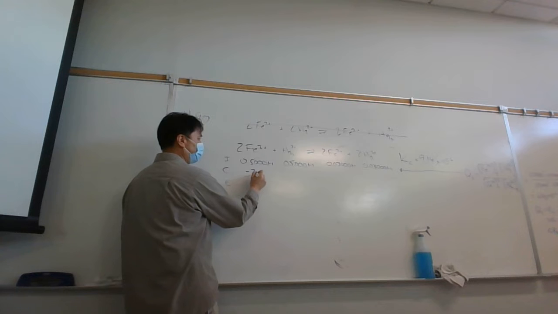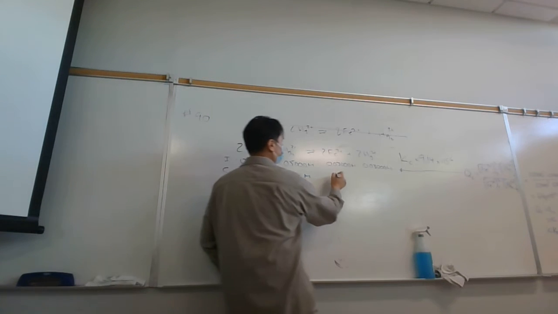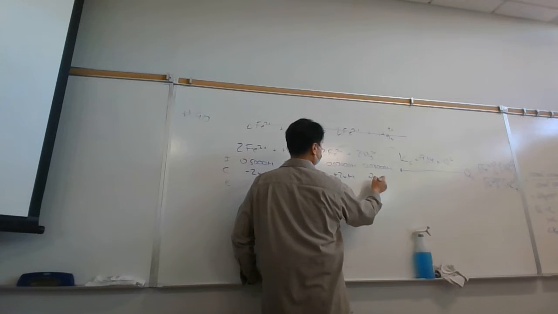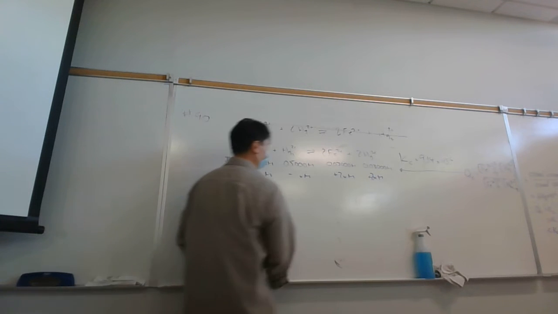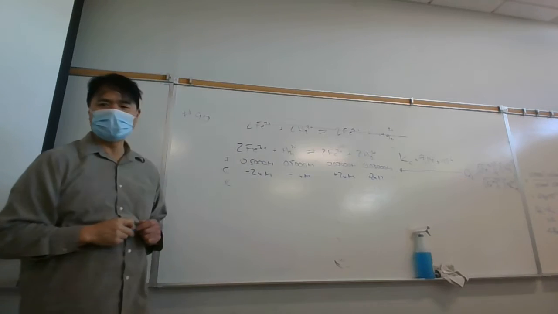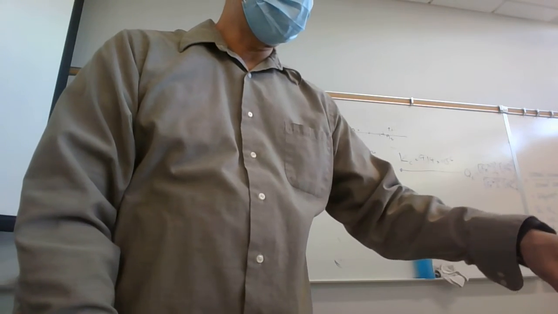So the change is going to be minus 2x molar, minus 2x molar, plus 2x molar, plus x molar, or 2x molar. Which one? This one should be just x. And so at equilibrium, what do I expect to have?